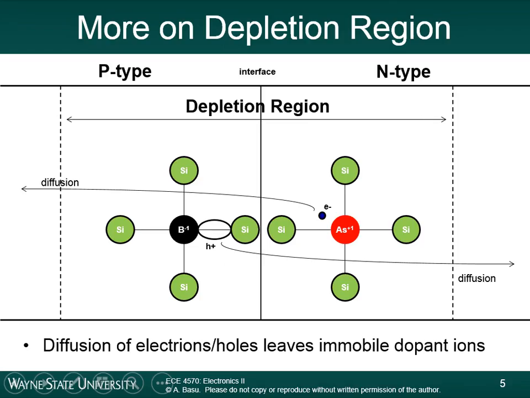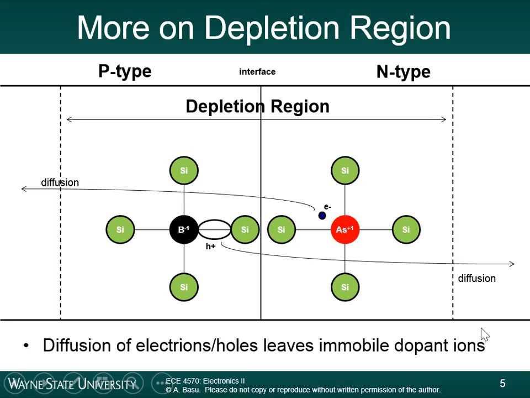This diagram schematically shows what's happening. Remember that a column 5 element, this is what the lattice may look like. It's mostly silicon atoms, but there are some atoms where the silicon has been replaced with arsenic at column 5. That arsenic has a higher atomic number, so it comes with one extra electron and one extra proton in the nucleus.